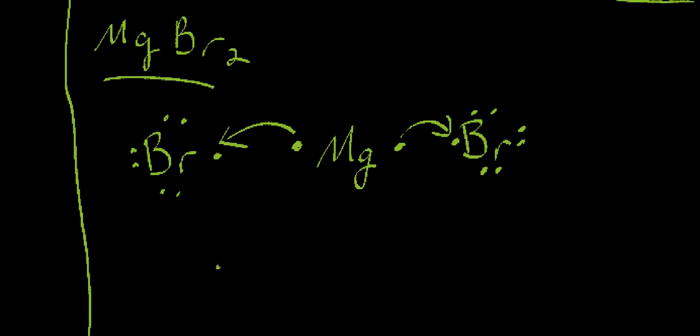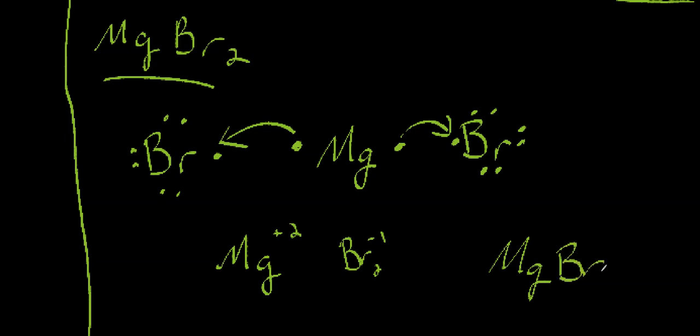You'll end up with magnesium with a +2 charge, and then 2 bromines, each with a -1 charge. And this can just be written as MgBr2.